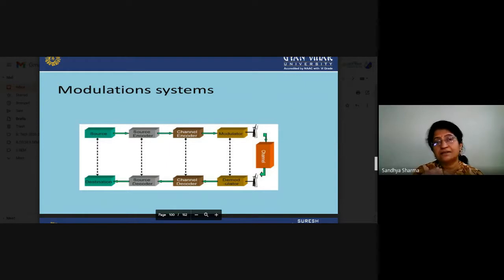If we are sending so many bits in our message signals, we require a large bandwidth. So for optimization of our bandwidth, we transmit our signals after optimizing, and due to this our bandwidth requirement will also reduce. After that comes channel encoding and then the modulator part, and then our signal will be transmitted through the antenna.